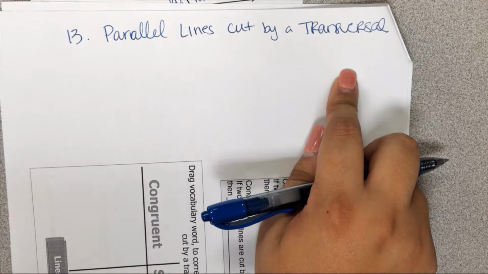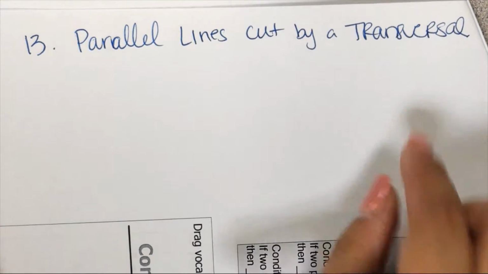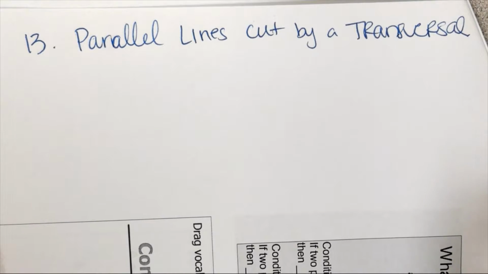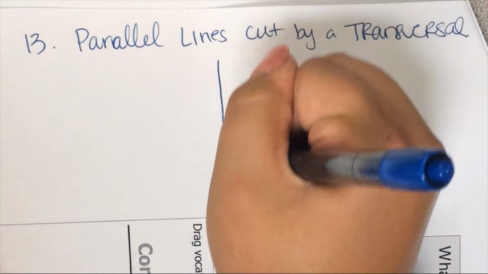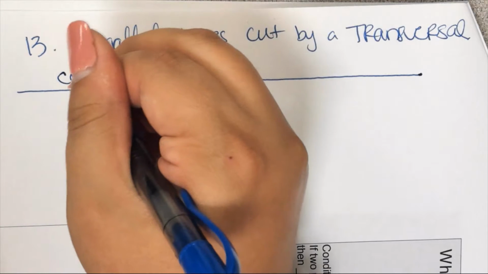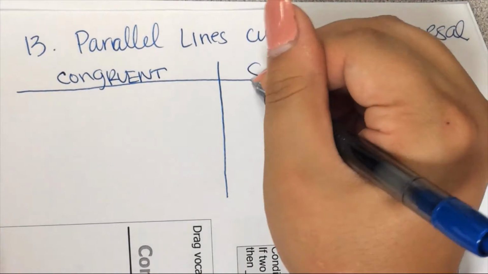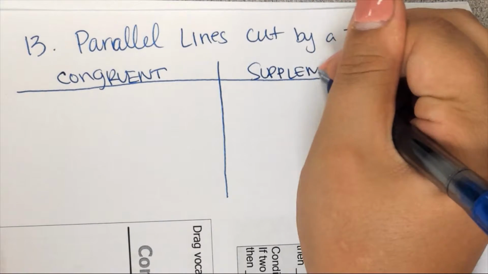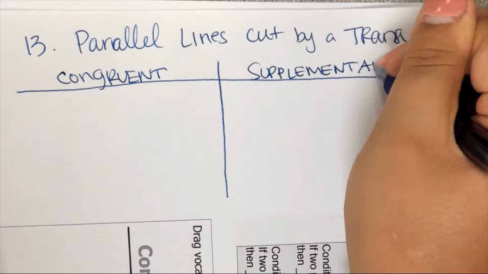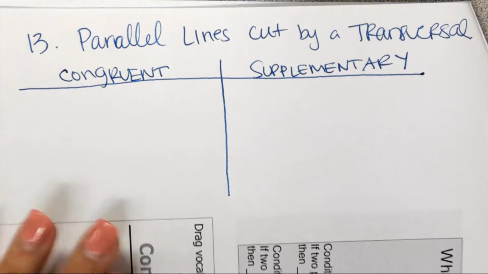I know that's super long, I apologize. And I would like you to make a T-chart. One side to say congruent, the other side to say supplementary.